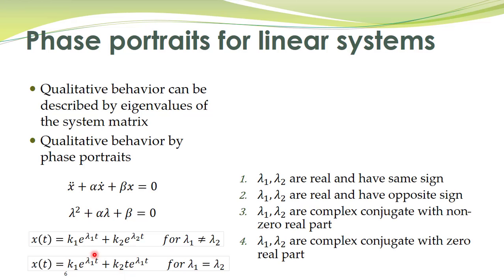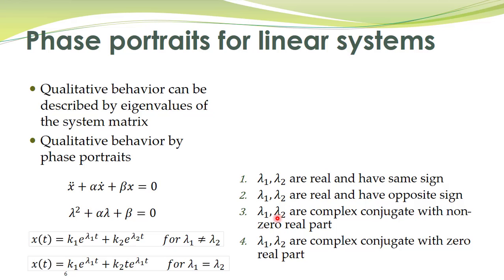There are different possibilities for lambda 1 and lambda 2. For example, they can both be real and have the same sign, meaning both positive or both negative. The second possibility is that both are real and have opposite signs.